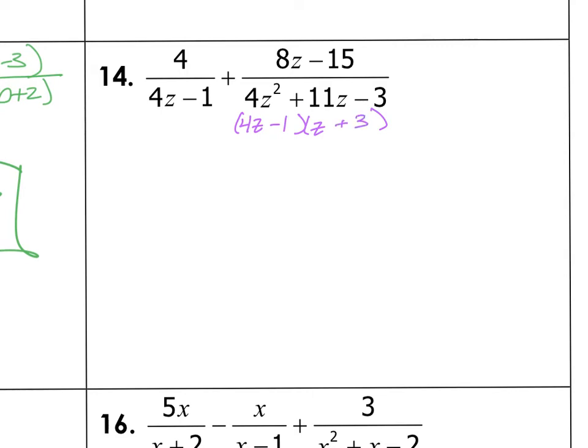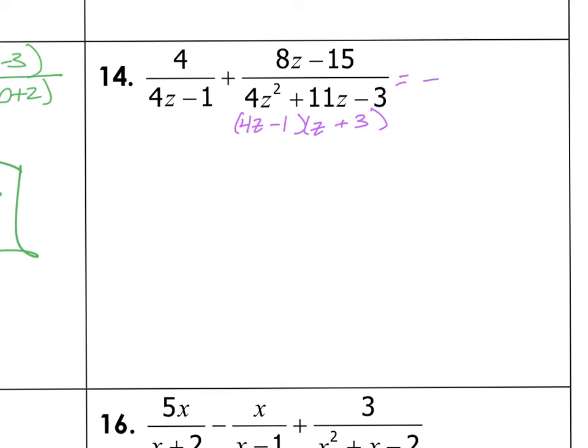Well, 3. And if we need to check that, we can. 4z times z is 4z squared. 4z times 3 is 12z. Minus 1z gives me 11z. There's my middle term, so I've got it. You guys can multiply it out. We're just running out of room to multiply it out, so if you need to multiply it out on your page to make sure that it's correct, please do so.